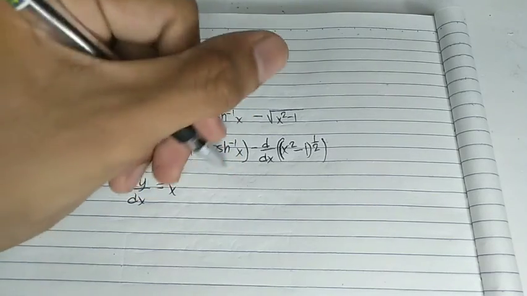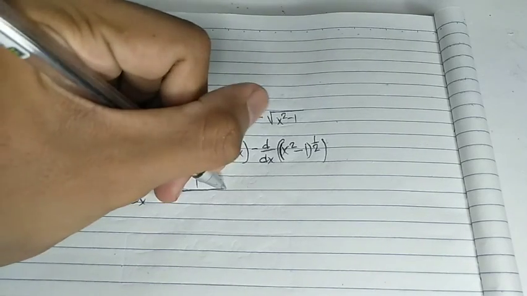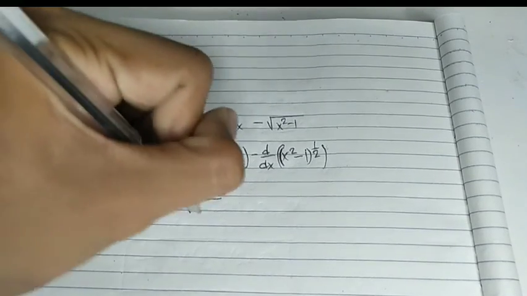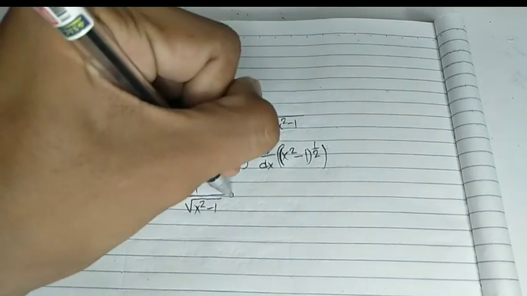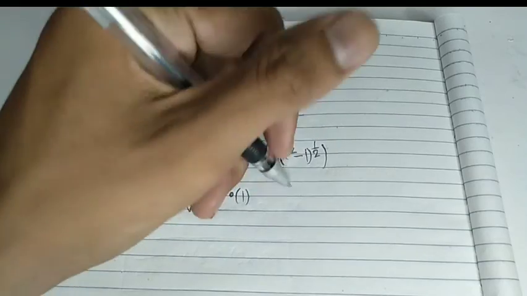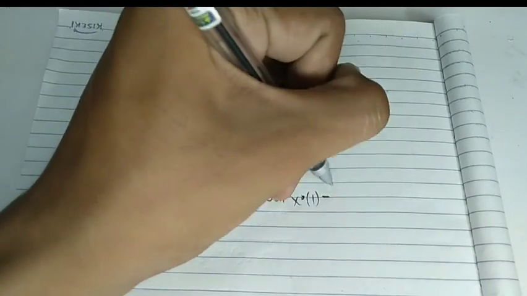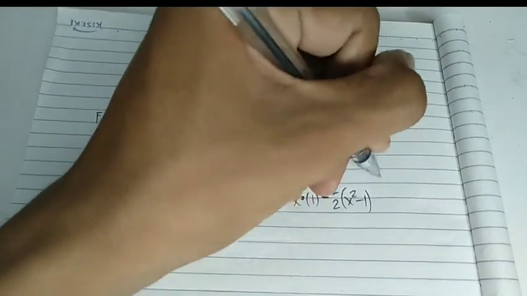dy over dx is equal to x times negative 1 over the square root of x squared minus 1 times 1 plus arc cos x times 1, minus 1/2 times the quantity of x squared minus 1 raised to 1/2 minus 1 times 2x.